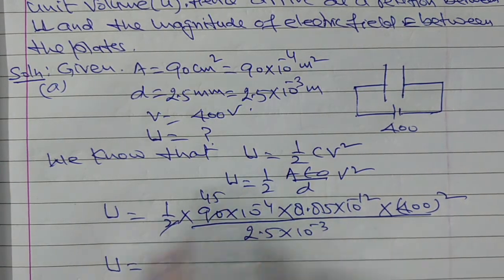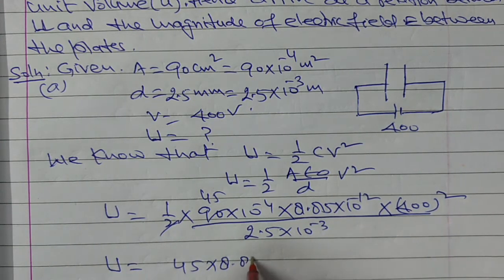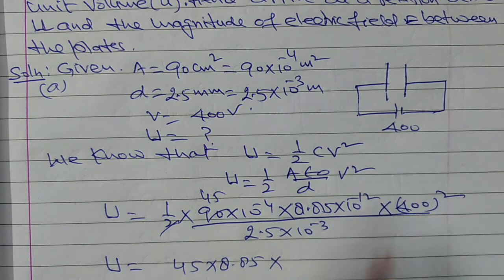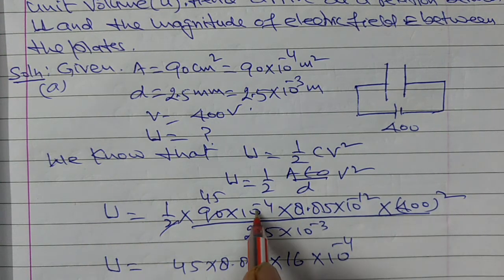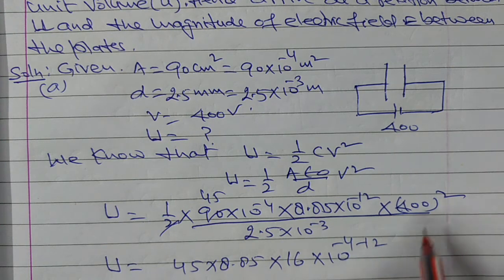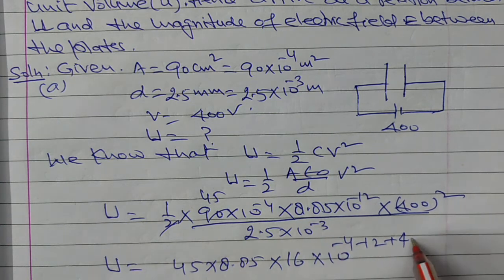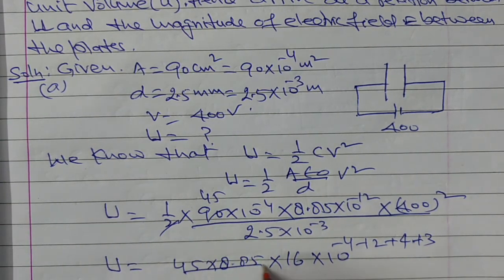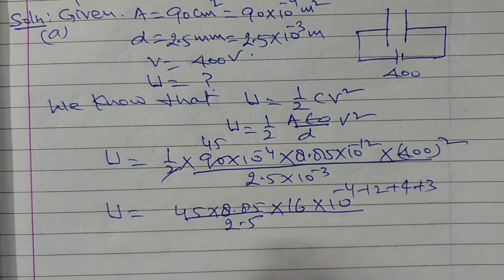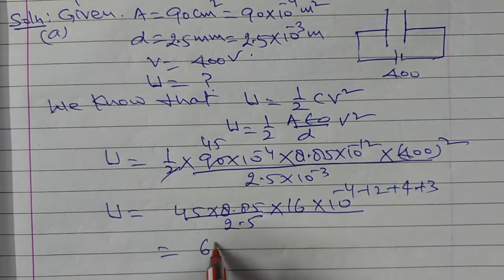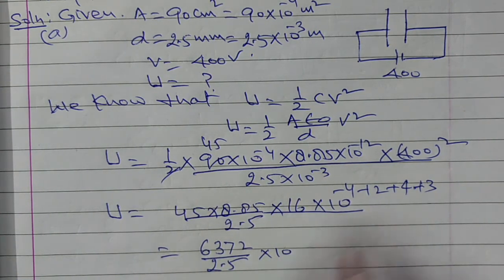this cancels by this, 45 here, and this 45 into 8.85 into 4 4 the 16, this 16 into 10 to the power minus 4, this minus 4, and this is minus 12, and this 2 to 4, this is 4 here, and this minus 3 is here plus 3, divided by this 2.5, and on solving this is equal to 6372 divided by 2.5 into 10 to the power minus 9.